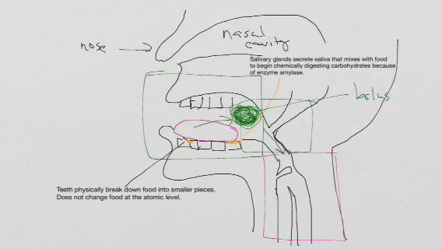Your nasal cavity and your mouth are openings for air, and your mouth is also an opening for food and water. That's efficient, to not have separate openings like that. But the problem here is you've got to make sure that food does not go down the trachea and that air does not go down the esophagus.